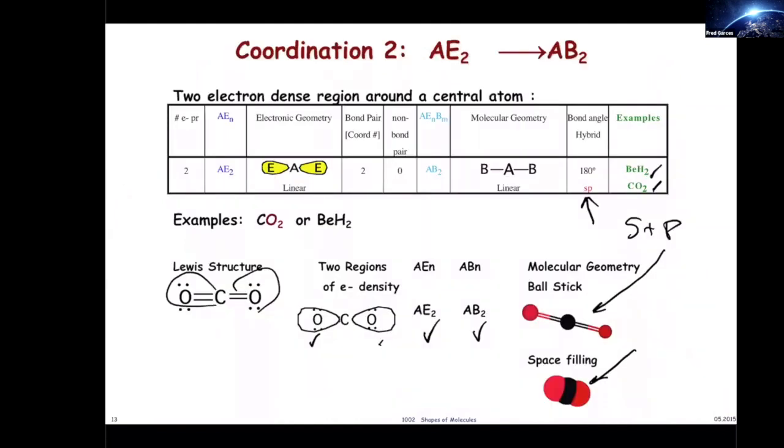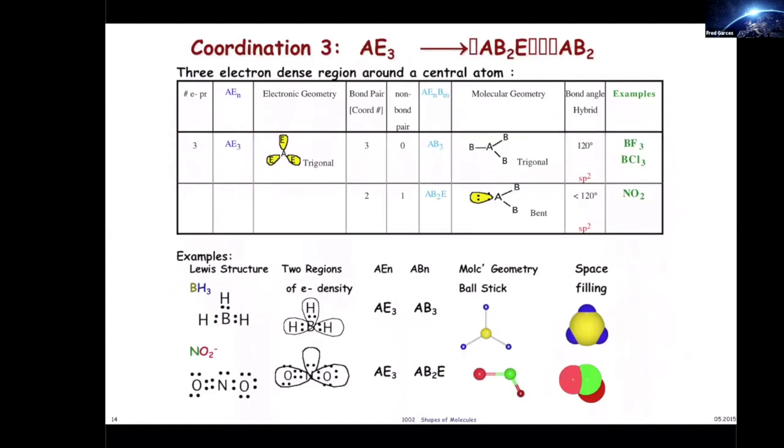This right here is an AE3. And again, you can see 3 regions of electron density. So if all 3 are bonded atoms, then the molecular geometry is trigonal. If only 2 of those 3 are bonded atoms and you have a lone pair left over, then you have a bend. These are the bond angles.